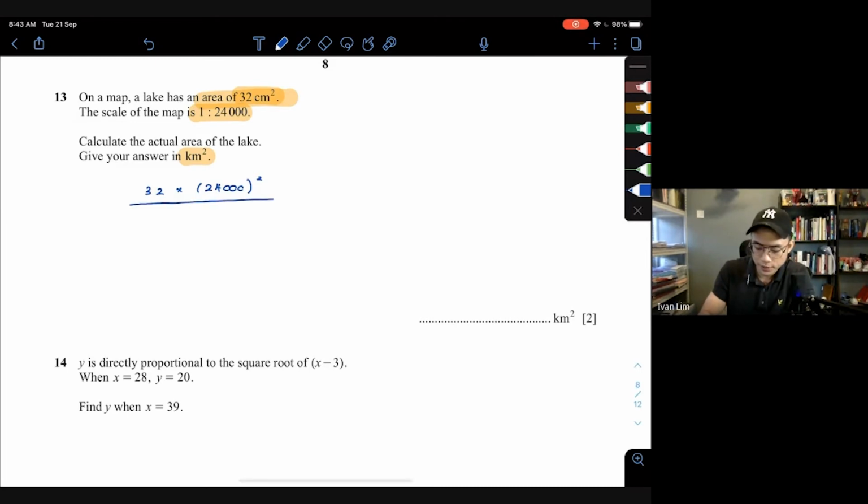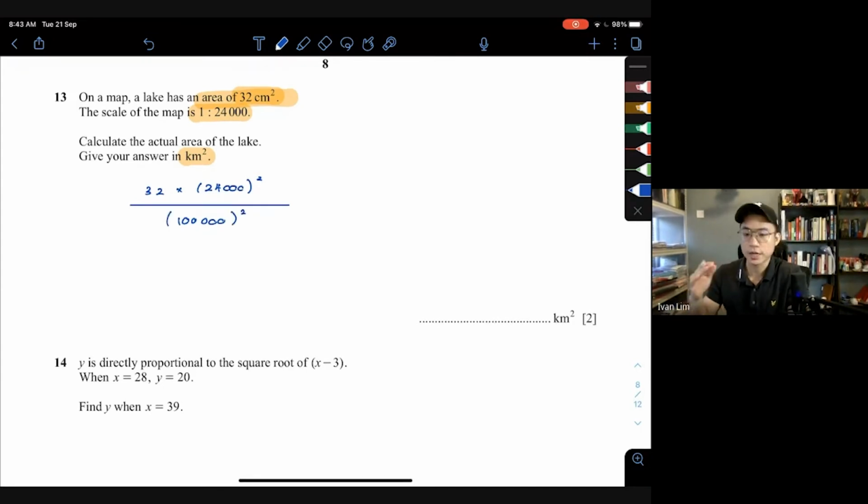Then the second part, this is now in cm square, but we want to change it to km square. So cm to km will be 100 divided by 100,000. Then you have to square this value also, because we are changing from cm square to km square.